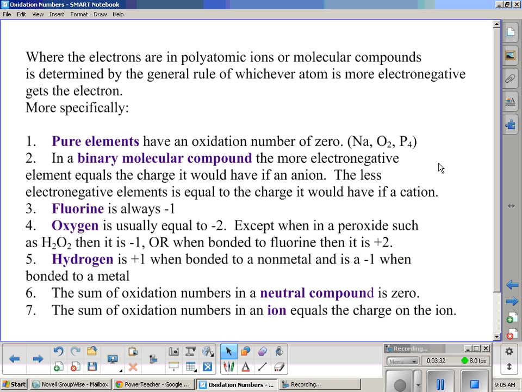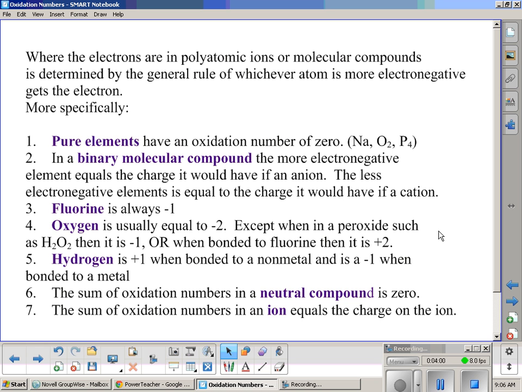Okay, rule number 2. In a binary molecular compound, the more electronegative element equals the charge it would have if an anion, negatively charged. The less electronegative element is equal to the charge it would have if a cation. Okay, so you remember your ionic bonding, that might help out with this rule. Rule number 3, fluorine is always -1.